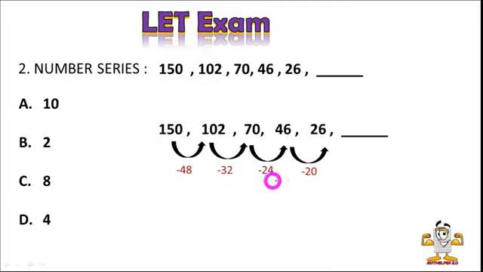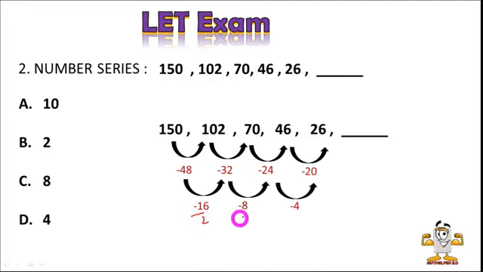So, mahirap pong hanapin yung pattern. So, sa 48 at 32, meron pong 16. 32 at saka 24, meron pong 8. Sa 24 at 20, meron po siyang 4. So, napansin nyo, may pattern na po tayo. Mag-divide po tayo ng 2 dito.